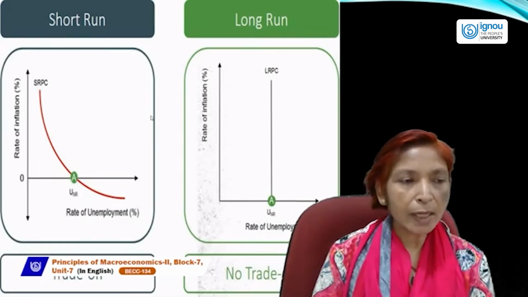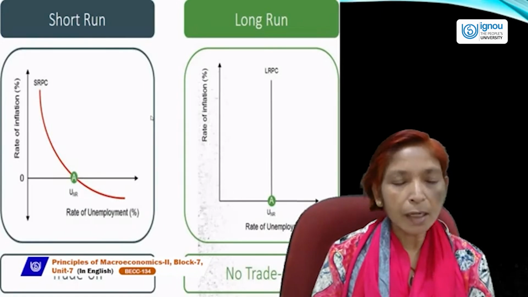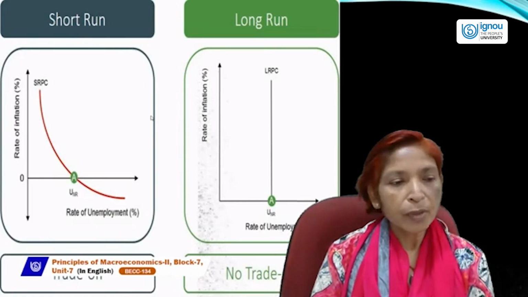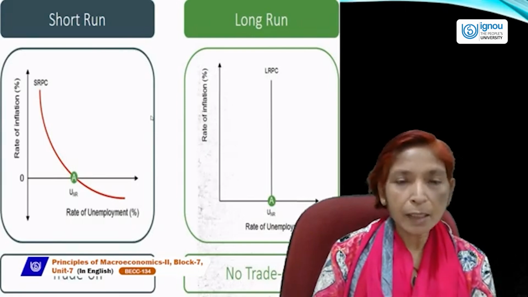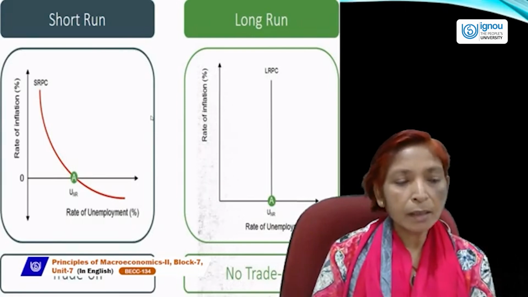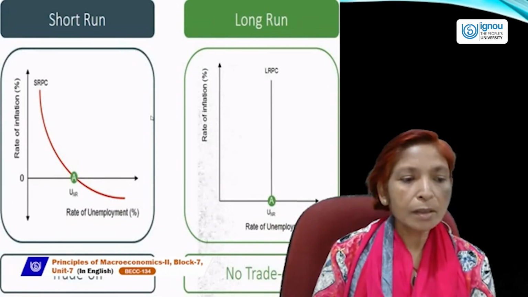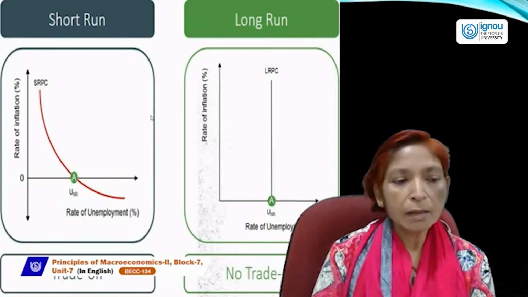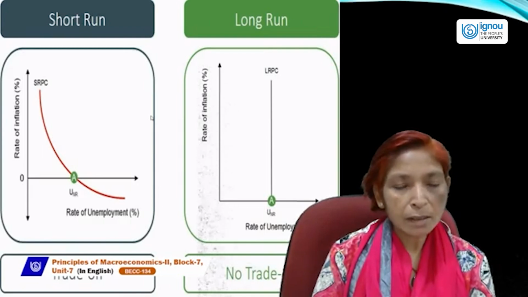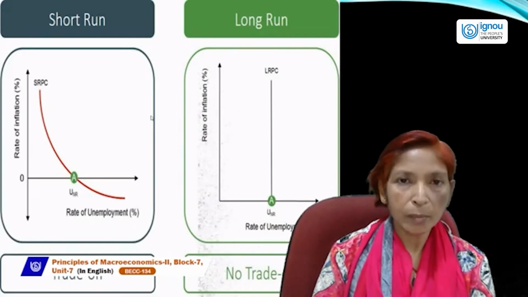It means as the inflation rate falls, unemployment increases. It is intersecting the x-axis at point A. Here, this point A is called the natural rate of unemployment, NRU. N is natural, R is rate, and U is unemployment.